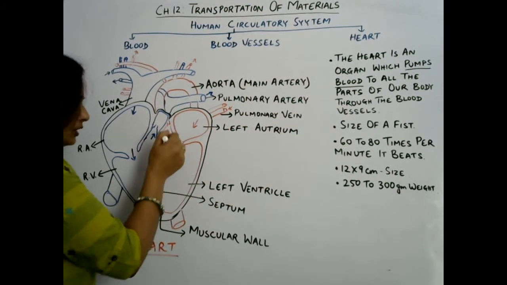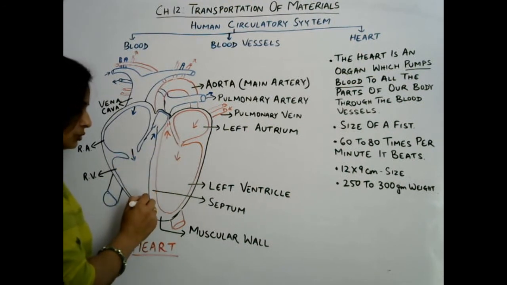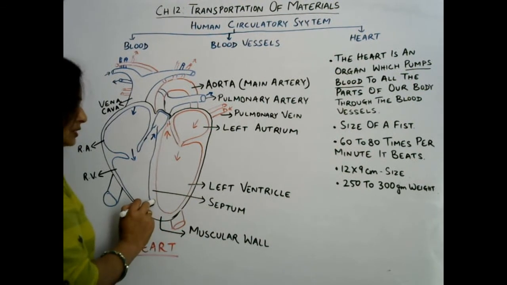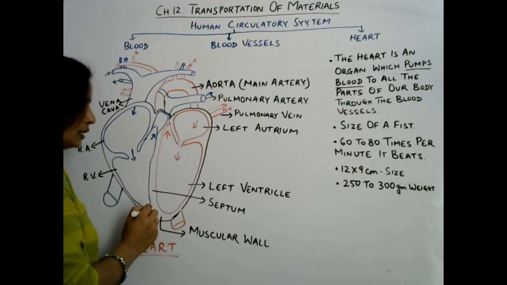You can see between these two, left and right side part of the heart, there is a muscular wall that is called septum. This septum divides left side of heart and right side of heart, and the heart is surrounded by one more muscular layer.